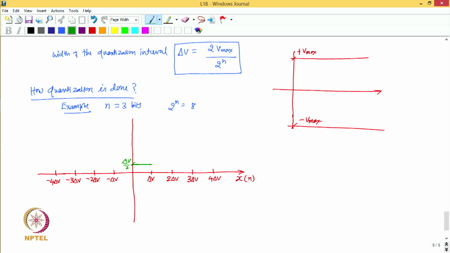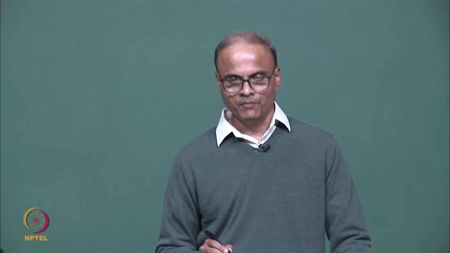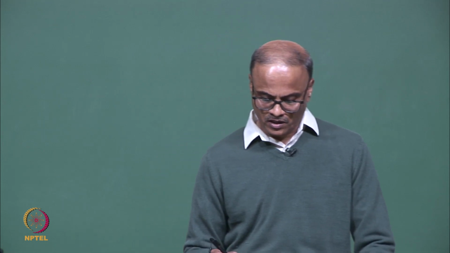If the signal is in the second range, from delta V to 2 delta V, the quantization level for any sample in this range would be the average of the two values, that is delta V plus 2 delta V upon 2, which is 3 delta V by 2.